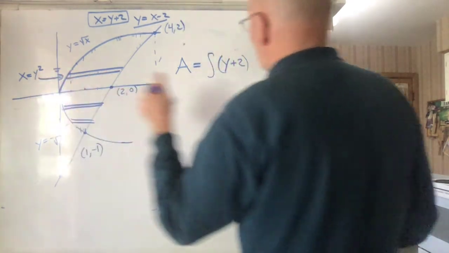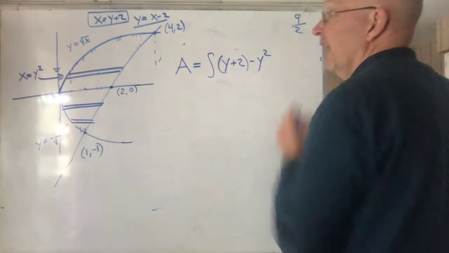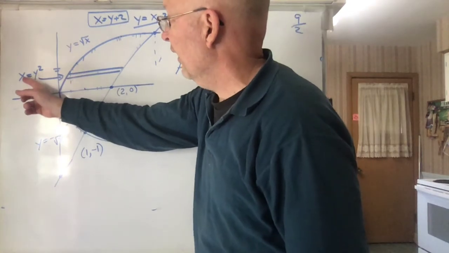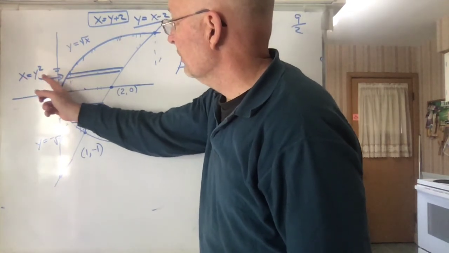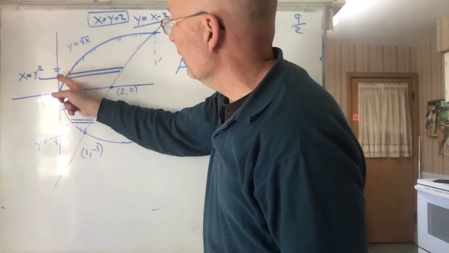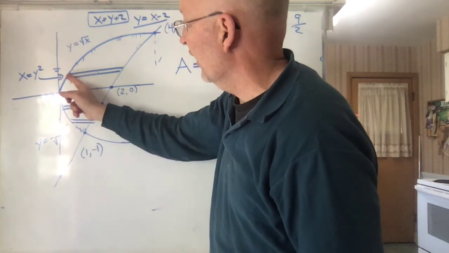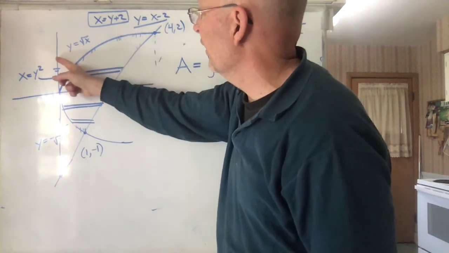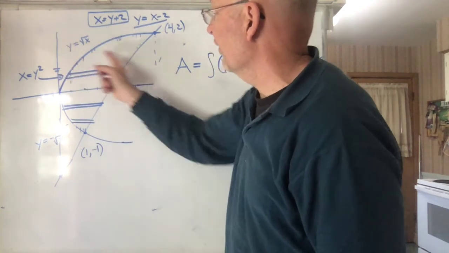There's the smaller value of x. That's just that. See this? If you give me the y value, this thing tells me what the x value is.